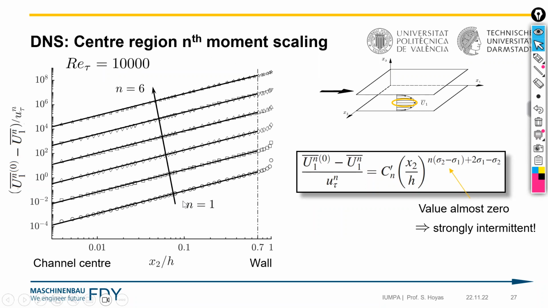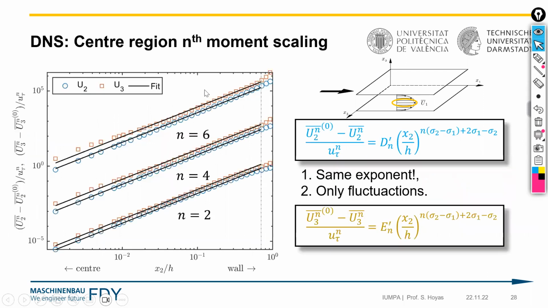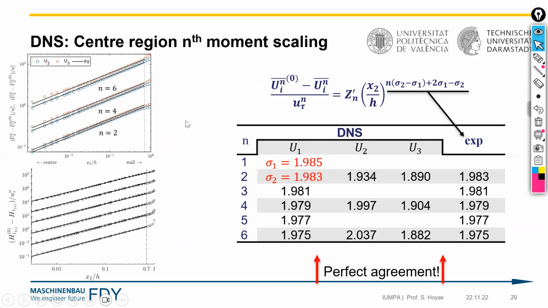As you can see here, the dots are data, the lines are theory, and everything fits perfectly. The same happens with the other two velocities, the velocity in the spanwise direction and in the wall-normal direction. The theory works, and all the scaling laws that our theory gives fit perfectly to the data.